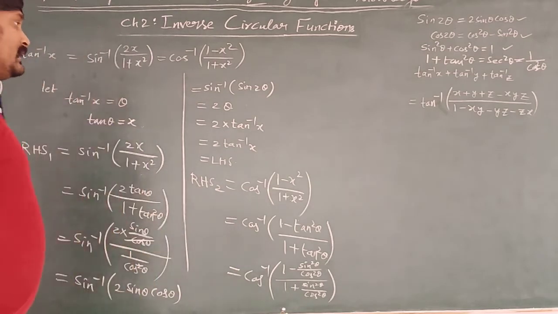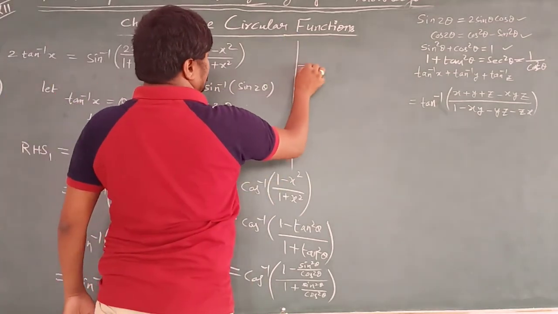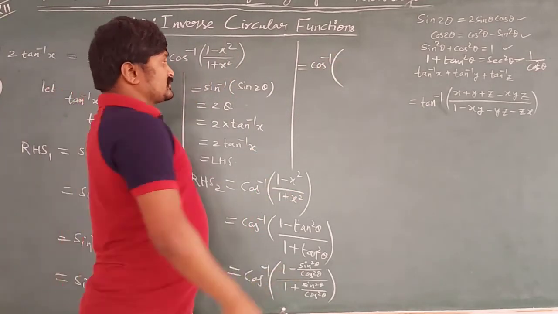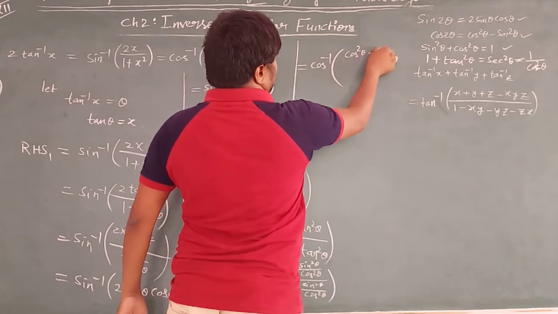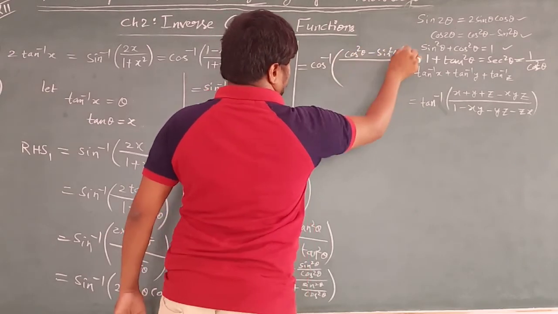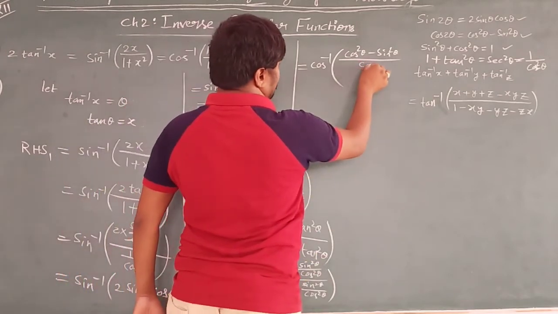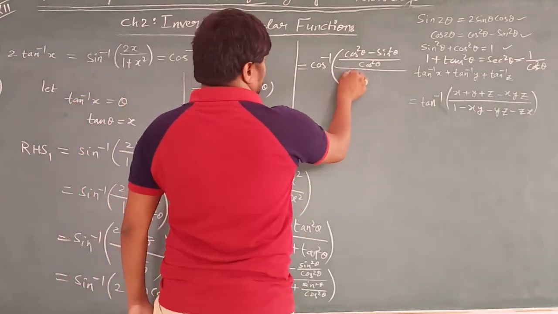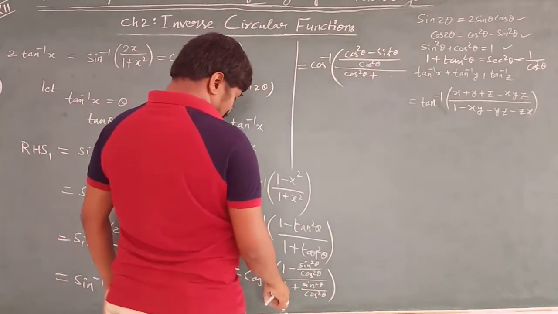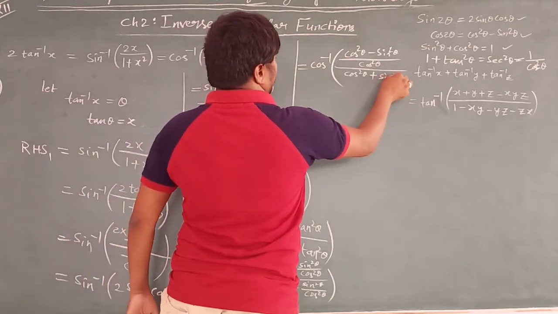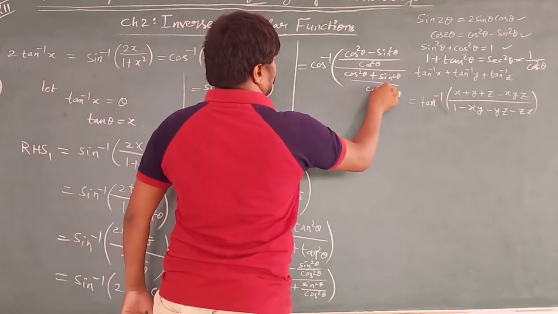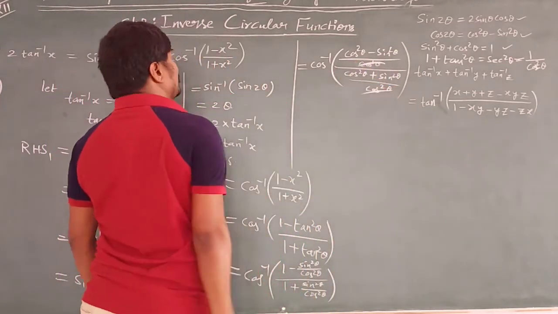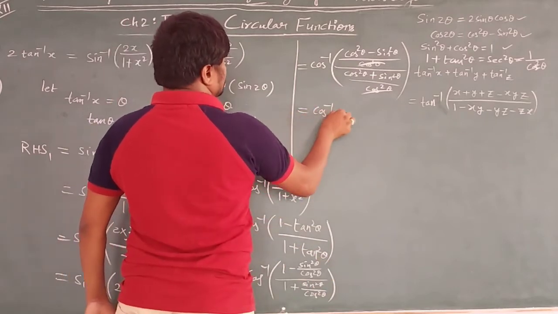Take the LCM, then what you get is cos inverse, cos square theta minus sin square theta, the LCM being cos square theta, upon cos square theta plus sin square theta, with LCM cos square theta. Now the cos square theta gets cancelled.